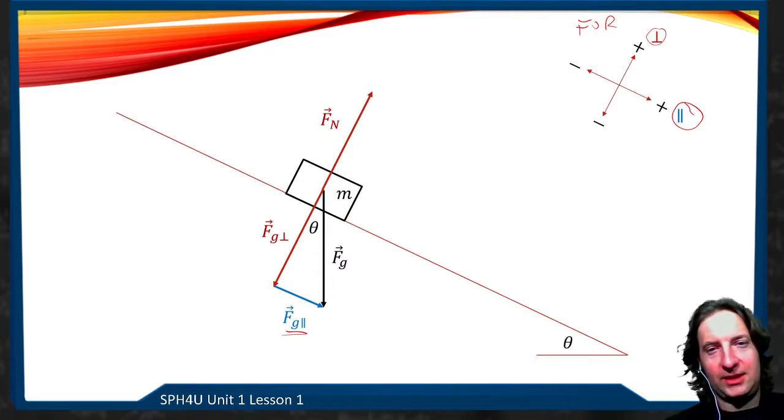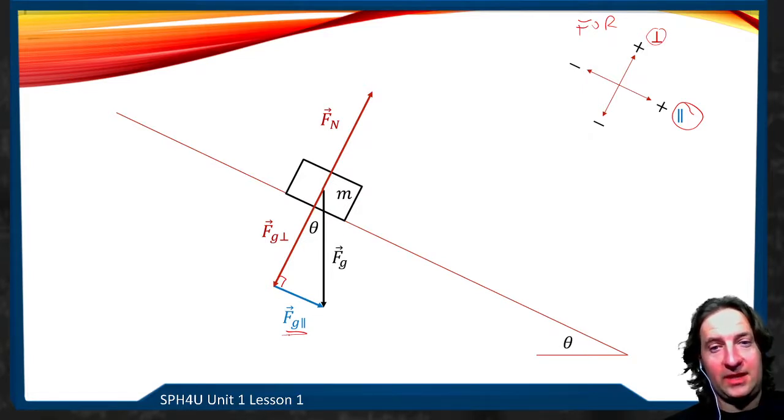Just quickly, I didn't actually say this, but this angle here, theta, is the same as the angle here, theta, and that's due to similar triangles. This bigger triangle is similar to this triangle. So we can say, because of the law of similar triangles, the angles of a similar triangle are all the same. This is a right angle here. So that theta is the same as this theta, which means that we can do trigonometry here.